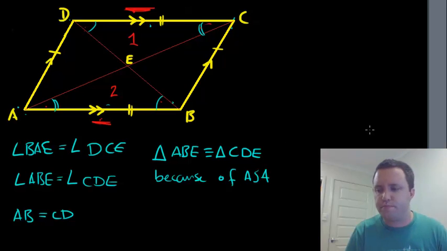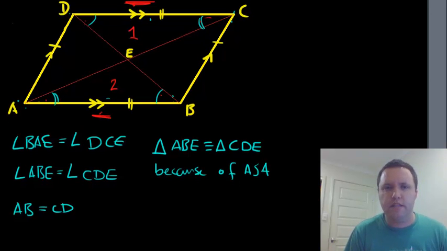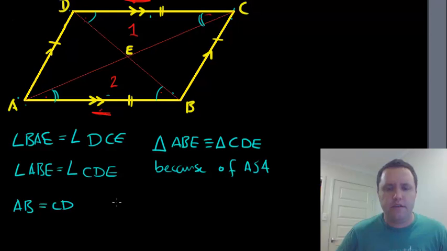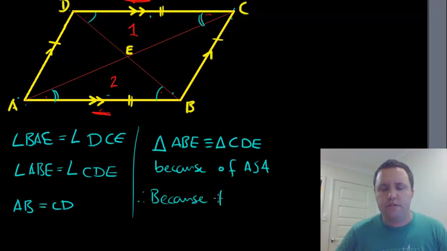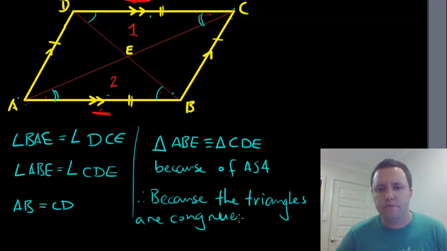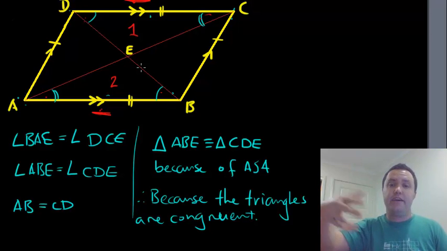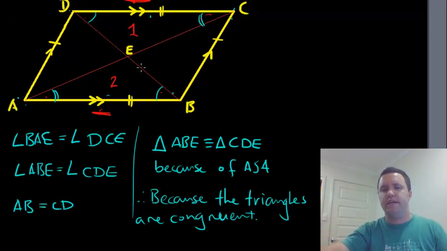Therefore, we can finally say that because these are congruent triangles, so I'll just scroll down a little bit more. So finally, therefore, because the triangles are congruent, which means that everything about them is exactly the same, like lengths and angles, they've just been flipped or translated and that kind of thing.